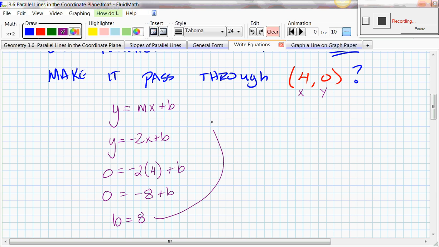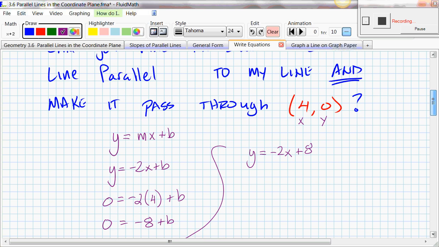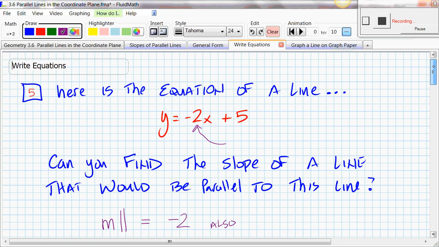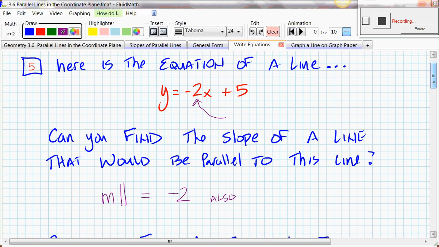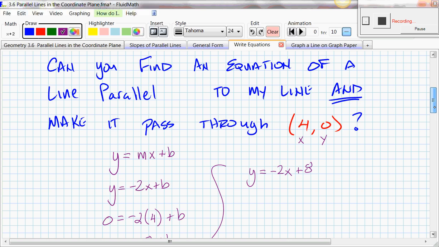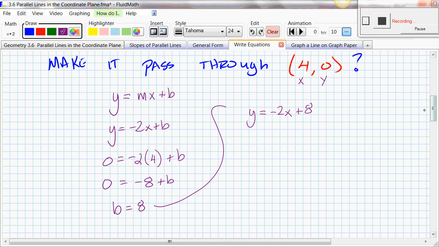So putting this all together now, I can have this equation. y equals my original slope, which is negative 2x, and then b is plus 8. Okay, so I found y equals negative 2x plus 8, and this one was y equals negative 2x plus 5. Let's graph both of those and see if they're parallel and goes through the point 4, 0.